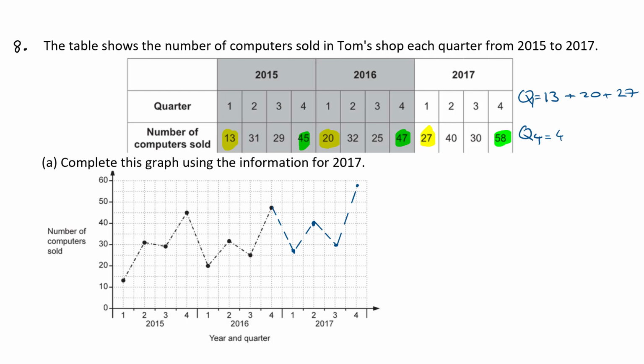So 45 plus 47 plus 58. So 40 and 40 is 80, plus 5 and 7 is 92, plus 8 is 100, plus 50 is 150. So that adds up to 150. Q1 adds up to 60. So we've got 60 to 150 then, haven't we? Okay.